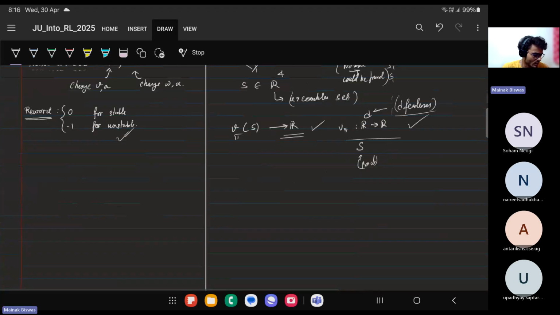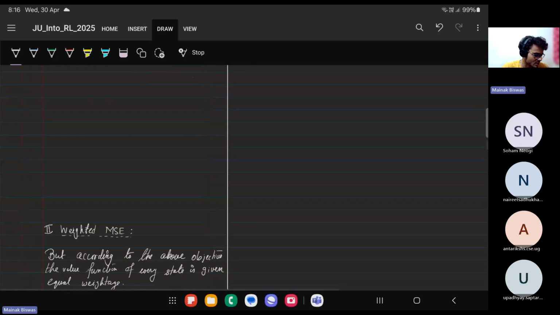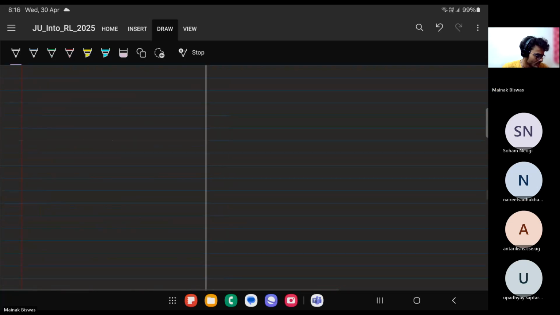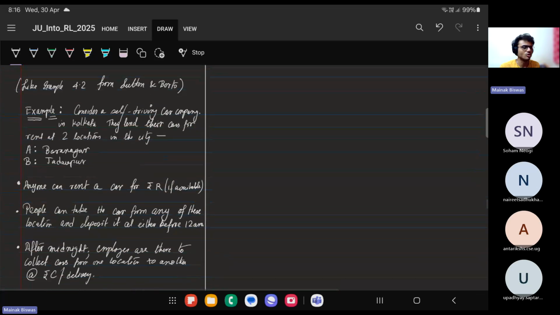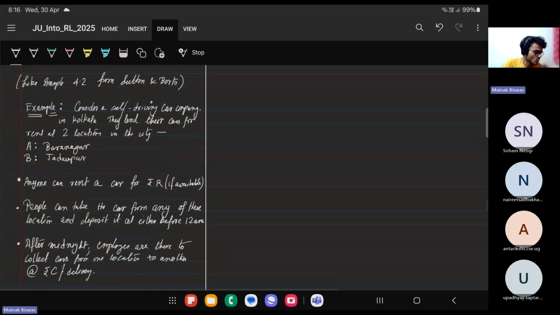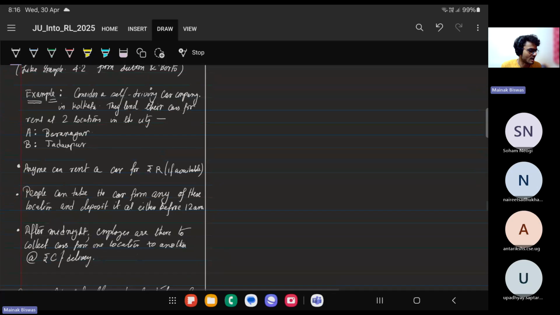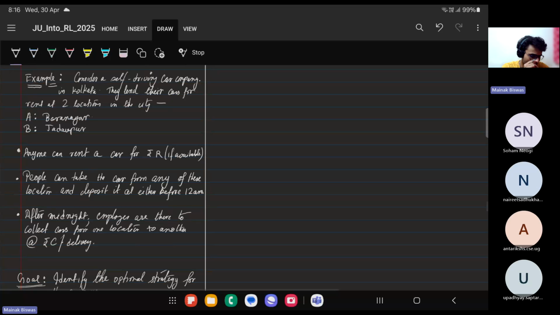Okay. So I'll give you a concrete example of how to form this state space. This is inspired from the Sutton and Barto example, where you have a self-driving car company in Kolkata. They lend their cars for rent at two locations, say at Baranagar and at Jadavpur.